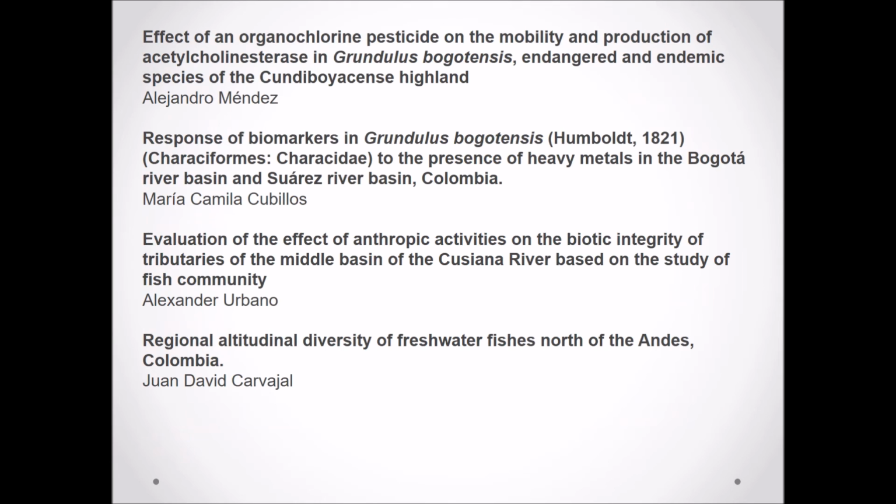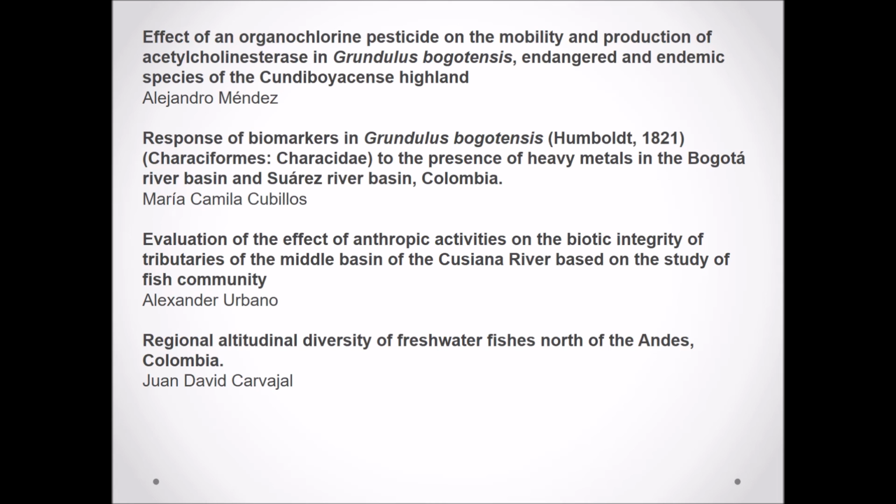We also have chemical and metabolic investigations like the effect of an organochlorine pesticide on the mobility and production of acetylcholinesterase in Grundulus bogotensis, an endangered and endemic species of the Cundiboyacense highland. We have the response of biomarkers in Grundulus bogotensis to the presence of heavy metals in the Bogotá River Basin and Suarez River Basin, Colombia.